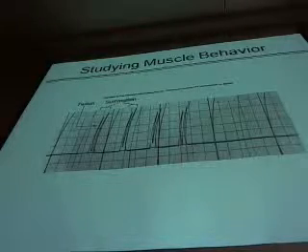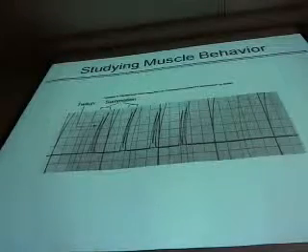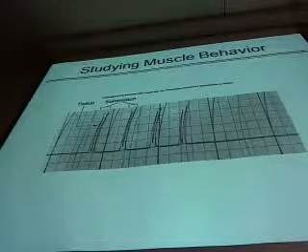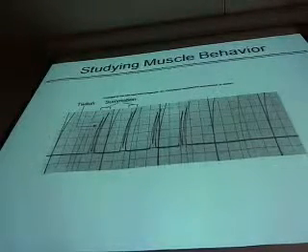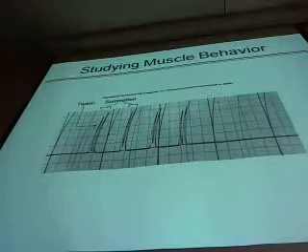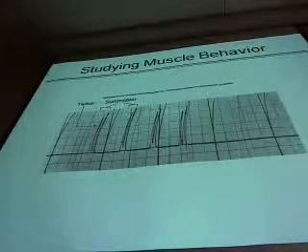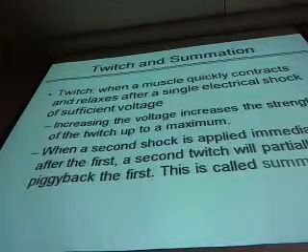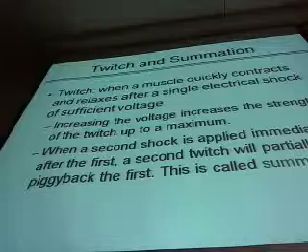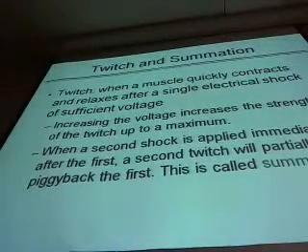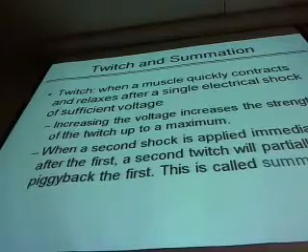So what you do is when you hit it once, you get the twitch. If you continue to stimulate, the twitches go together, you get what they call a summation. As you see, they build until the twitch is when a muscle quickly contracts and relaxes, and increasing the voltage increases the strength.